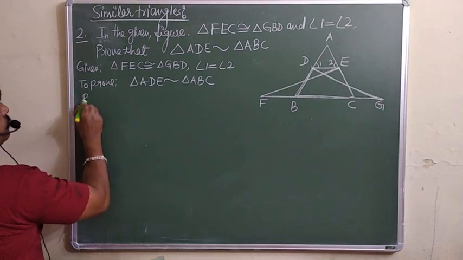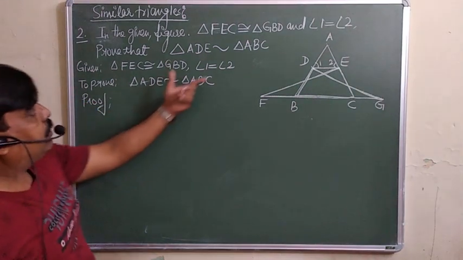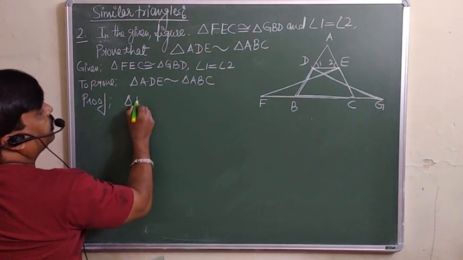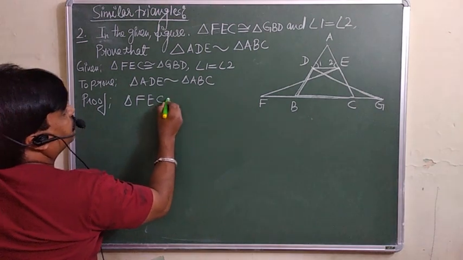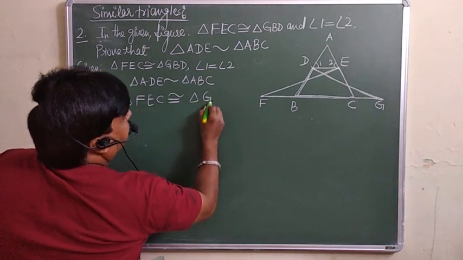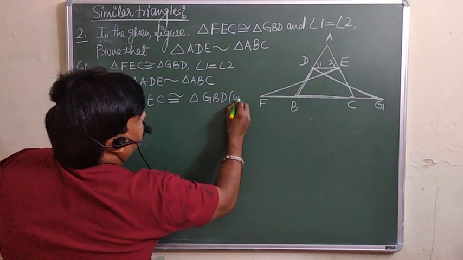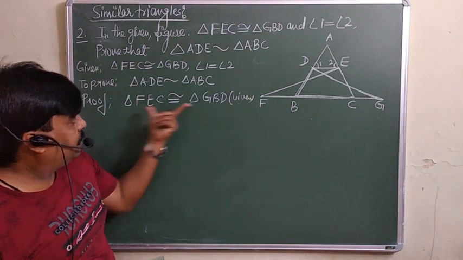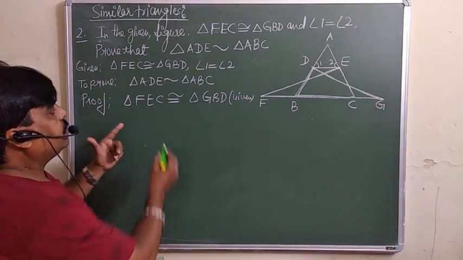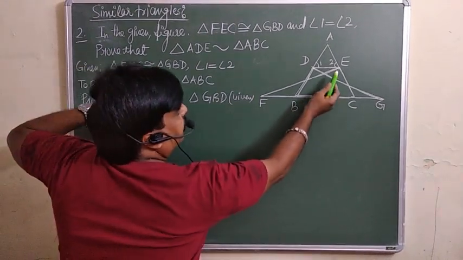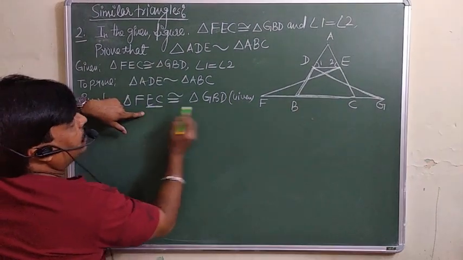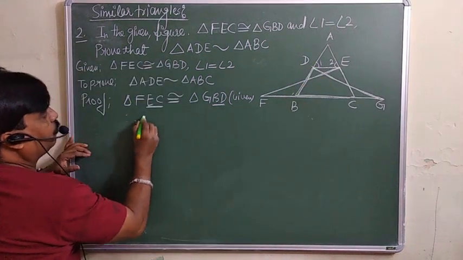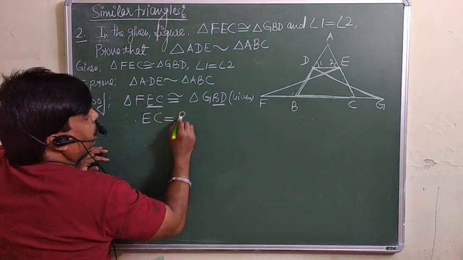So look at here now. Whatever is given is here only. Here it is given that these two triangles are congruent. Triangle FEC is congruent to triangle GBD. It means EC will be equal to BD, therefore EC will be equal to BD.